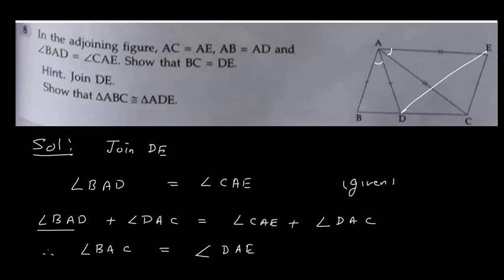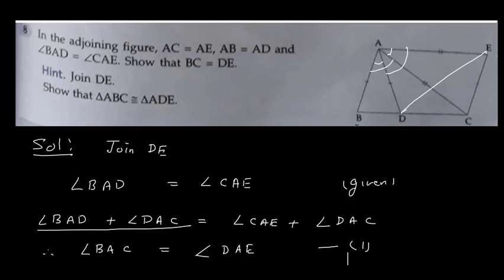Right? You can see that angle BAD plus angle DAC will be this whole angle BAC, and similarly angle CAE and angle DAC will be equal to this angle. So these two angles are equal. I will consider this as equation 1.